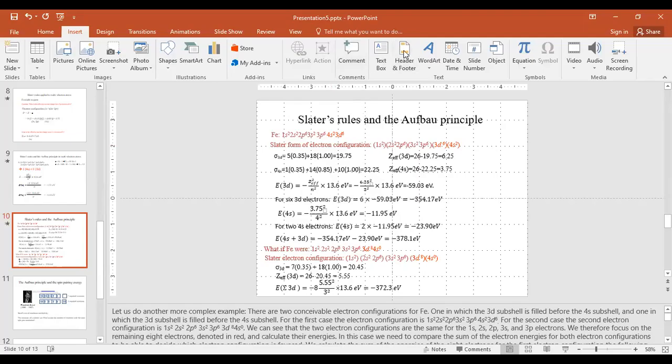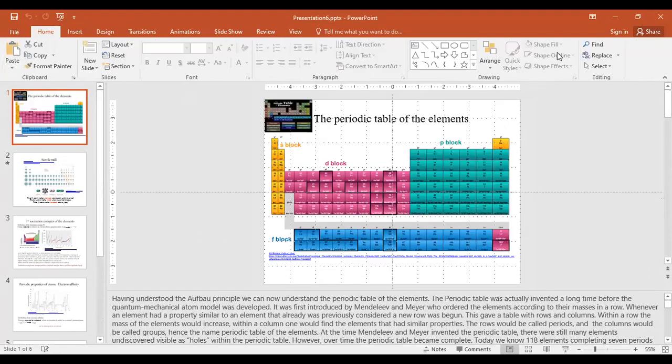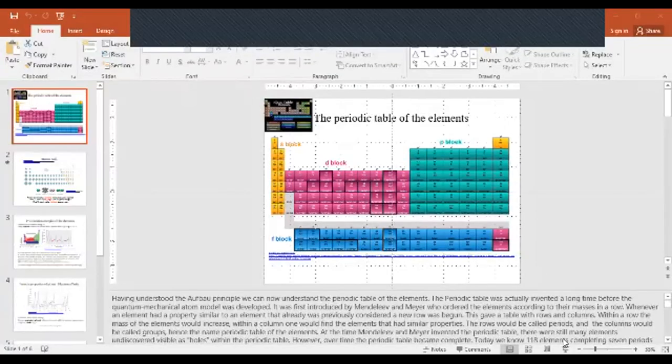So now with the help of the quantum mechanical model of the electron, we can very nicely now explain the periodic table of the elements.